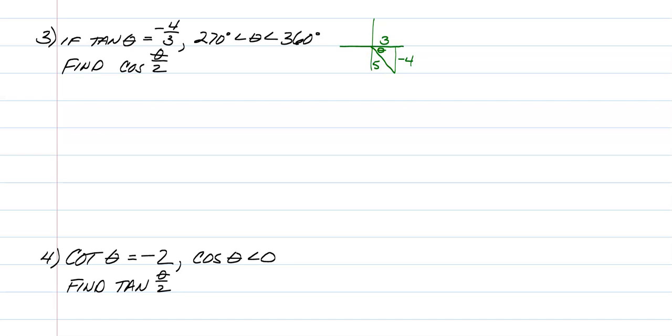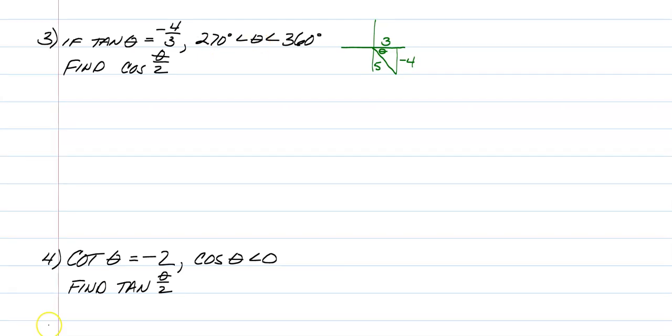But now that we know that, we are going to go find the cosine of theta divided by 2. So that means you need to think about where half of theta would be.